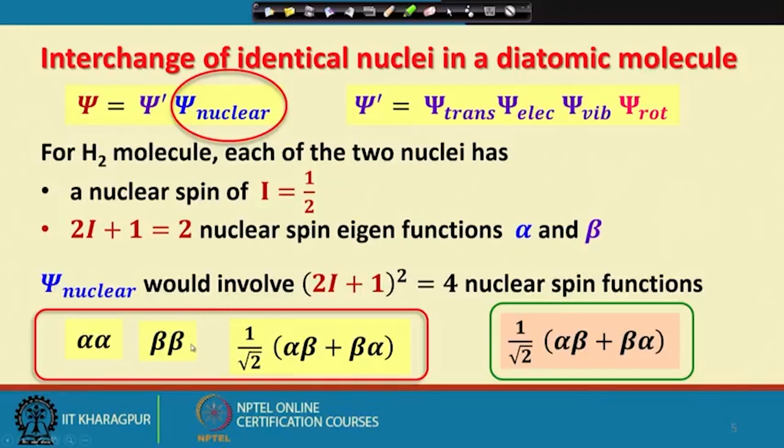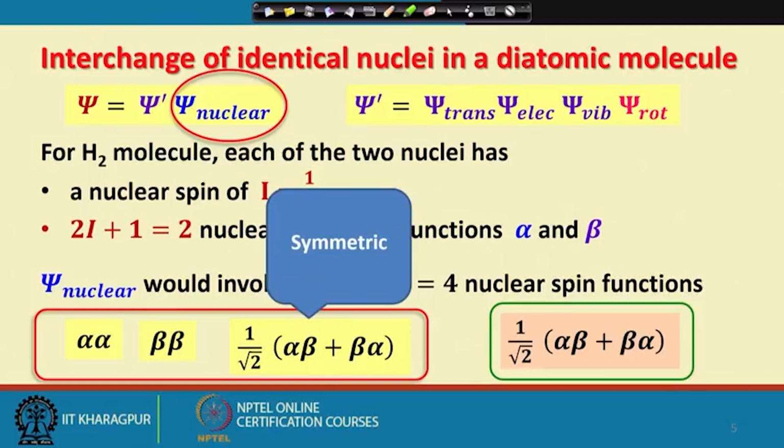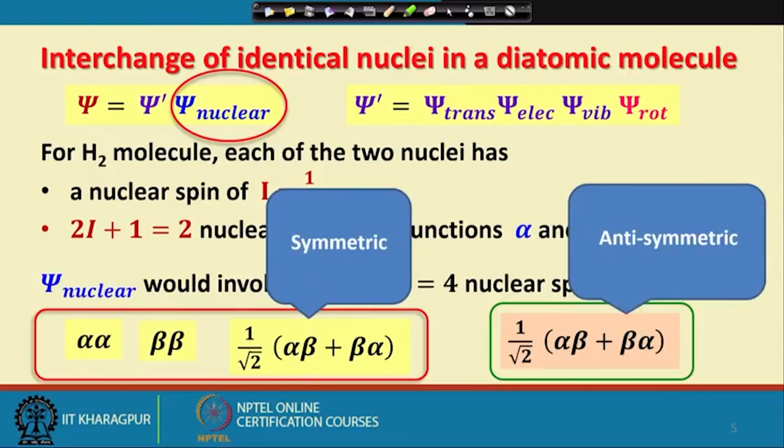The total nuclear spin function will then have four possible combinations: alpha alpha, beta beta, and two mixed options. Out of these four nuclear spin functions, three are symmetric and only one is antisymmetric with respect to interchange of the identical nuclei in this diatomic molecule.